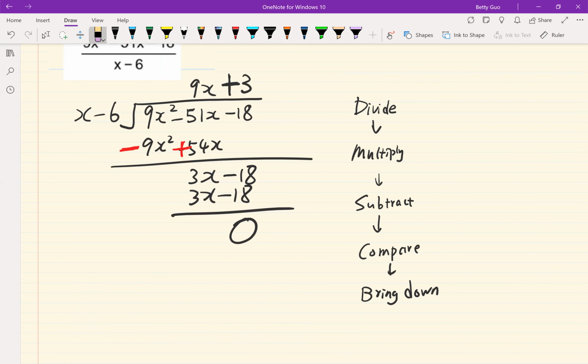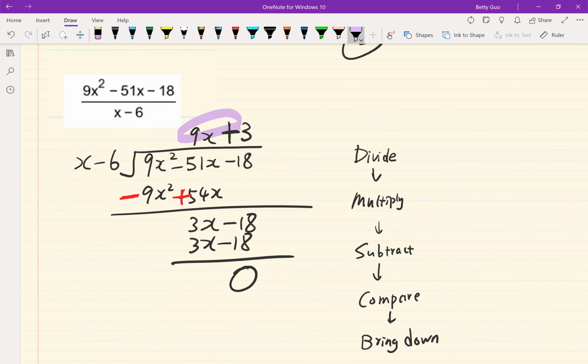The quotient is this polynomial 9x plus 3. This is an easier case compared with our example. The example uses 3 rounds, we use 2 rounds here, right? And the remainder is 0. The division is complete. Any question about long division?